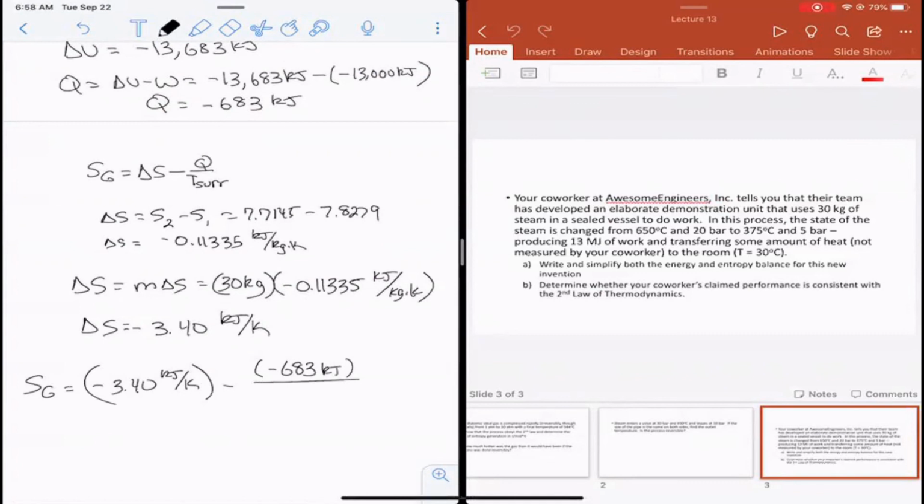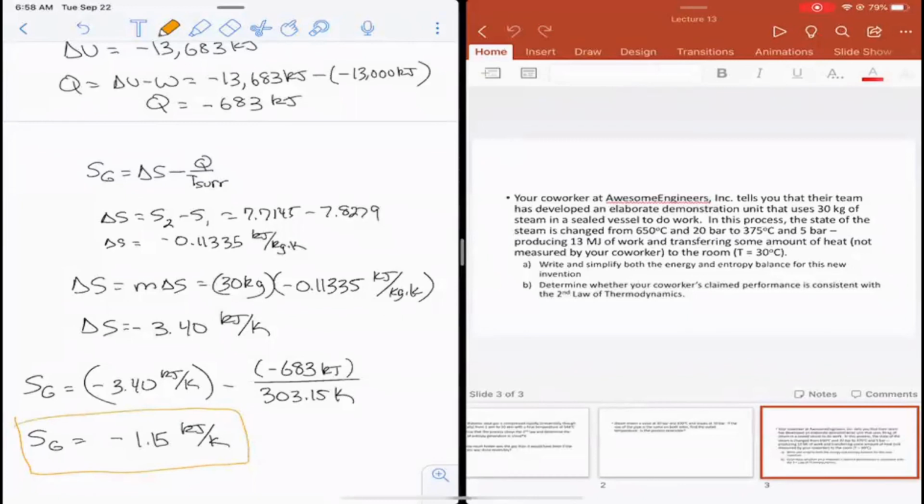So 30 degrees C is 303.15 Kelvin. And you find that the generated entropy is equal to minus 1.15 kilojoules per Kelvin. And this final result, where the generated entropy is less than 0, actually tells us that we're not consistent with the second law, and the proposed process is not possible.